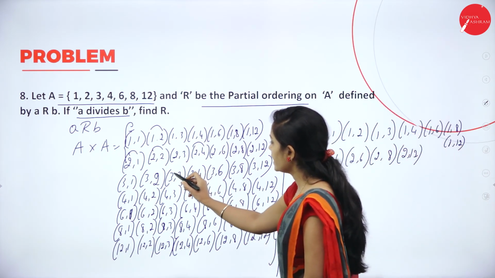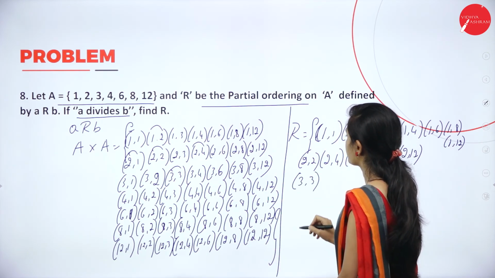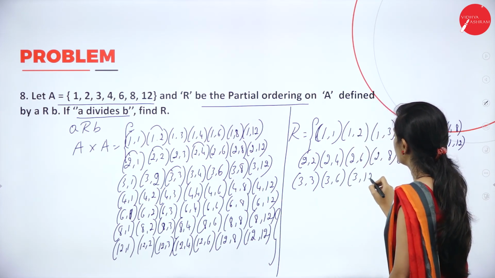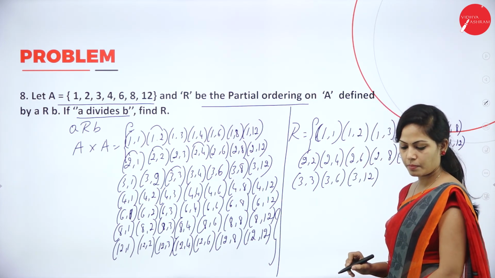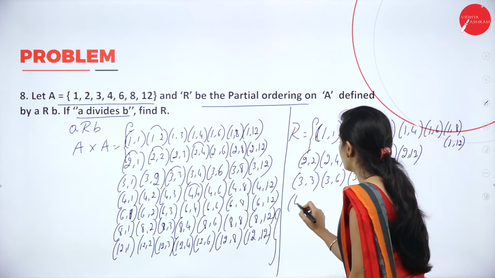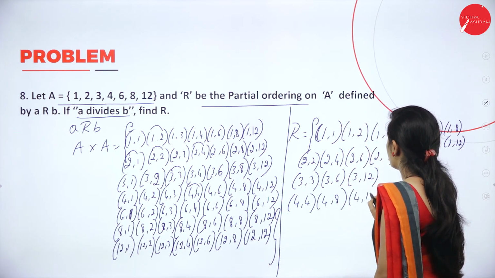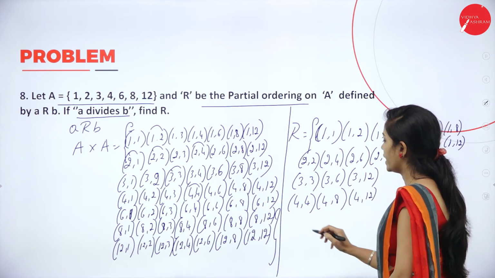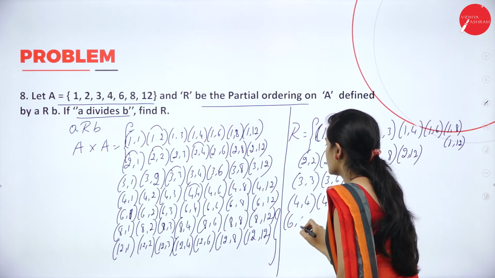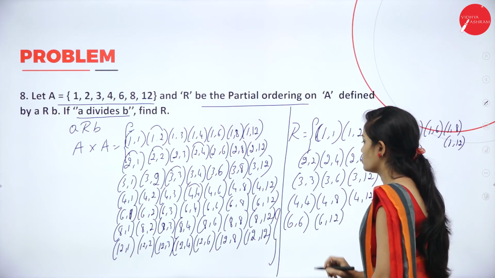And 3 can divide 3, (3,3), (3,6) and (3,12). And 4 can divide 4, (4,4), (4,8) and (4,12). 4 threes are 12, 4 twos are 8, 4 ones are 4. And (6,6) and (6,12). 6 twos are 12.